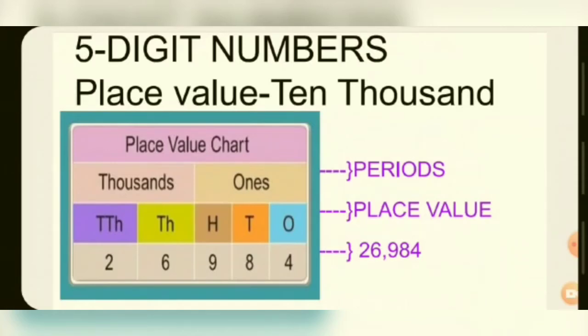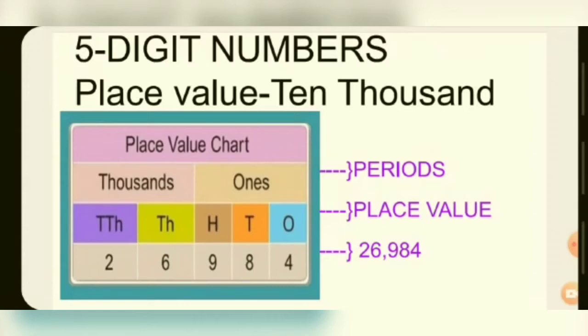The place values ones, tens, hundreds comes under ones period, and the place values thousands and 10,000s comes under thousands period. The number 26984 is written as 26,984.